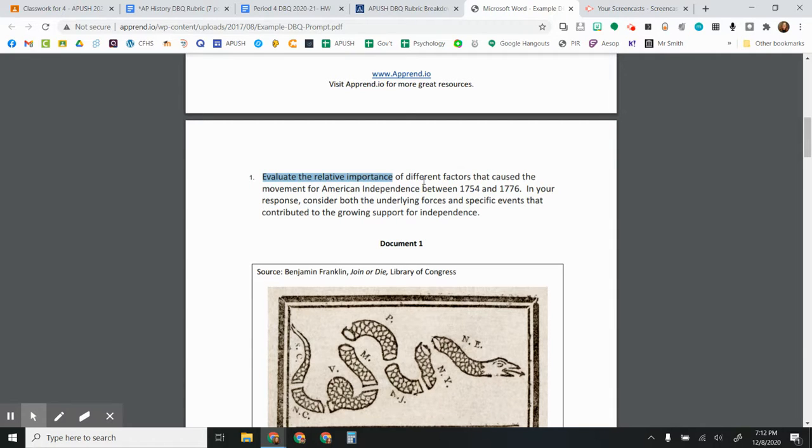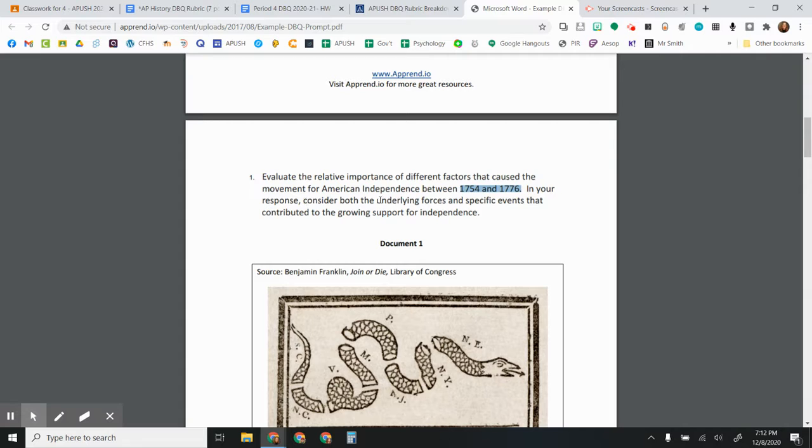Of different factors caused the movement for American independence between 1754 and 1776. Here you're looking at your dates, and hopefully you're looking at that and saying, all right, that's the beginning of the French and Indian War, and that is the year that the Declaration of Independence was crafted and accepted. Right, so now we have a basic time frame.